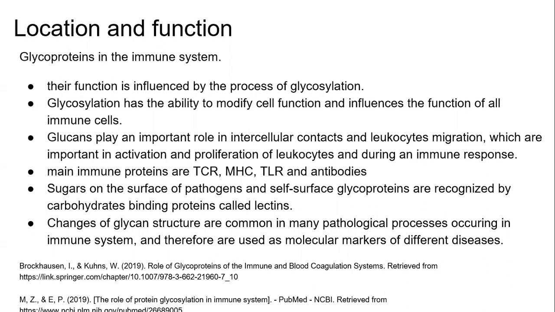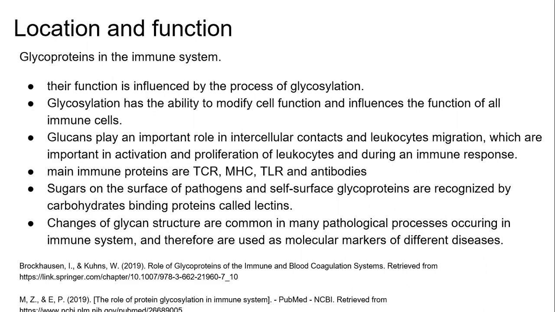Glycans play an important role in intercellular contacts and leukocyte migration, which are important in activation and proliferation of leukocytes and during an immune response. The main immune proteins involved, the TCR, MHC, TLR, and antibodies, are glycosylated.